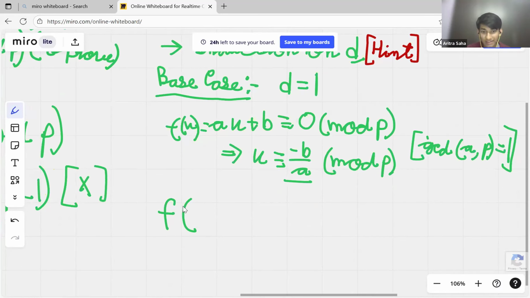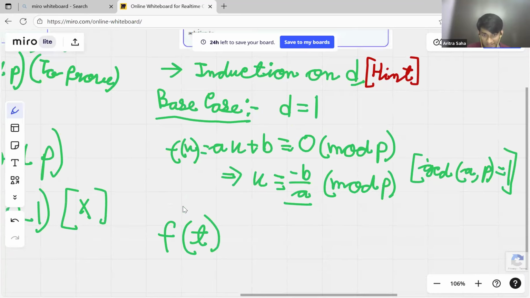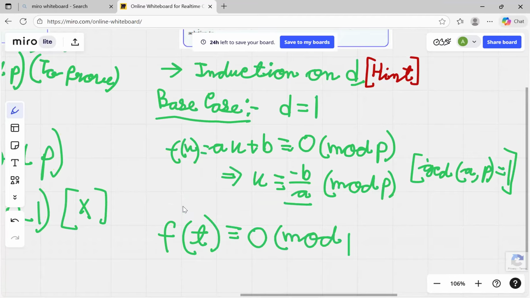Say t is a solution, if there is one, because if there is no solution, then 0 is less than d. So we just take t to be a solution. So we know that f(t) is 0 mod p, right?